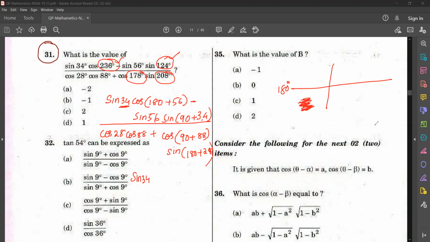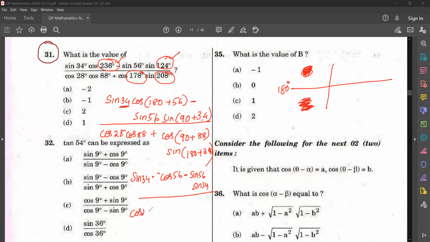So I'll get minus cos 56. Then minus sin 56 is here. Then sin of 90 plus 34 means this quadrant. In this quadrant, sine is positive. So it will become sin 34.